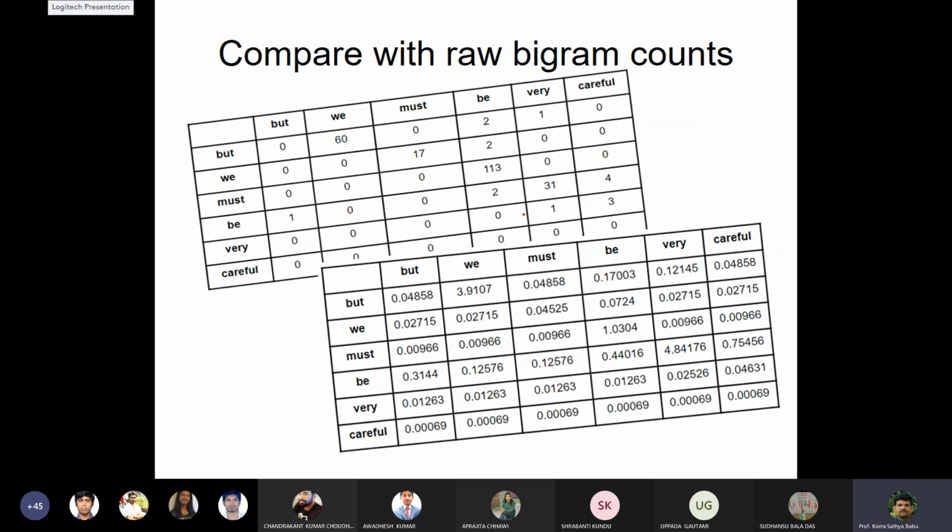If you compare the raw bigram counts and the reconstituted counts, you can see what the values would be.